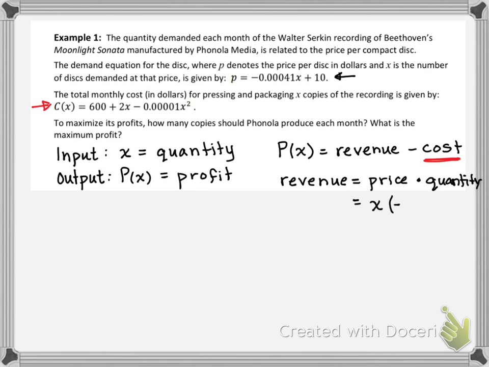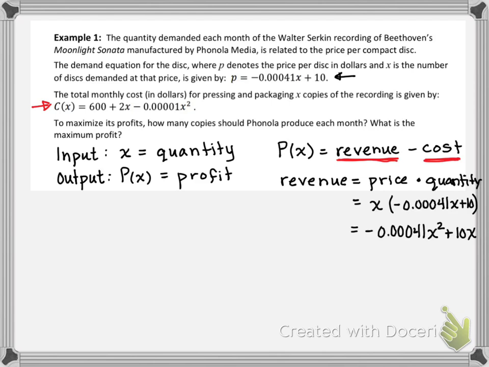So negative 0.00041x plus 10. So I've got negative 0.00041x squared plus 10x. Now I'm ready to write my profit function, because I've written an expression for revenue and I've written an expression for cost.